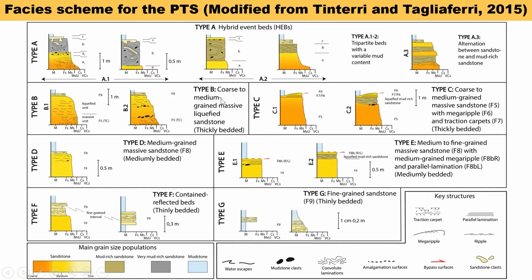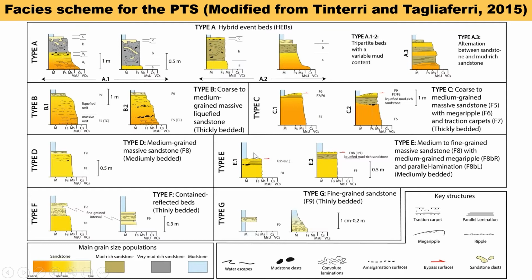Turbidites are composed of type B and type C, which are thick-bedded coarse to medium-grained sandstones. In particular, type B is composed of liquefied units and amalgamation surfaces, while type C presents at the top traction carpet and megaripples and is mostly devoid of the fine-grained interval, indicating the action of a strong bypass.